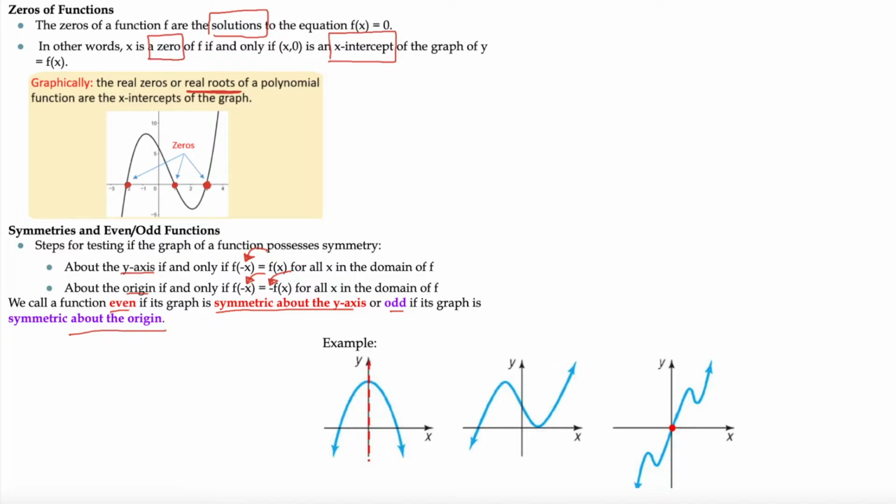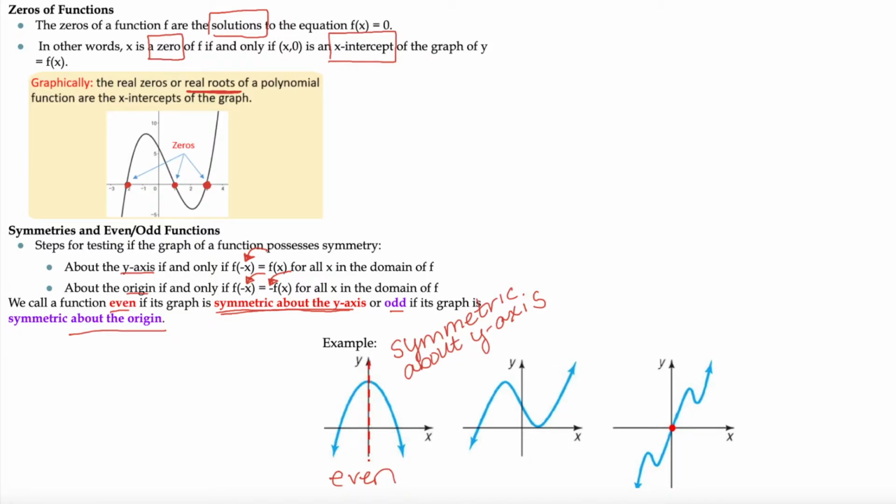So when I'm looking at some example pictures below, we see that the parabola here is symmetric about the y-axis. And if it's symmetric about the y-axis, we see that the graph is also even.